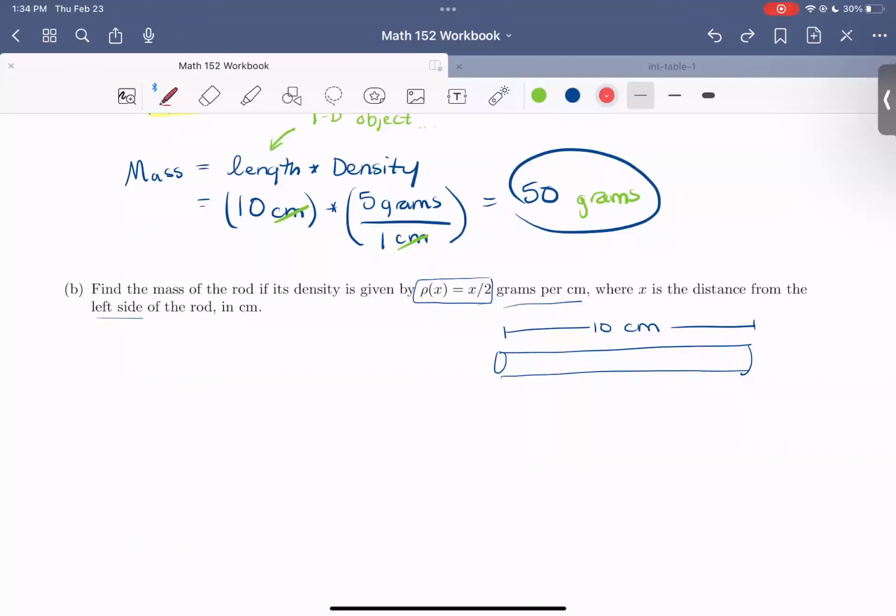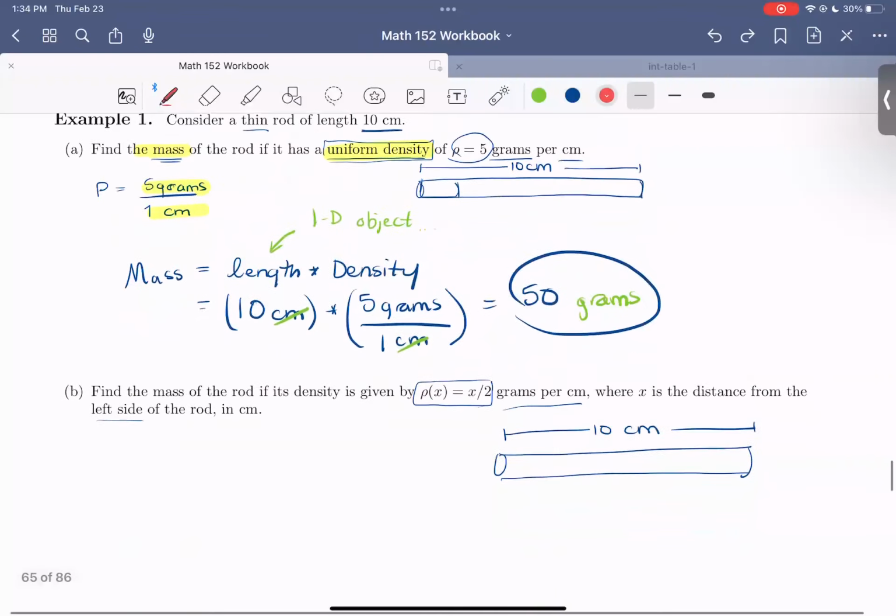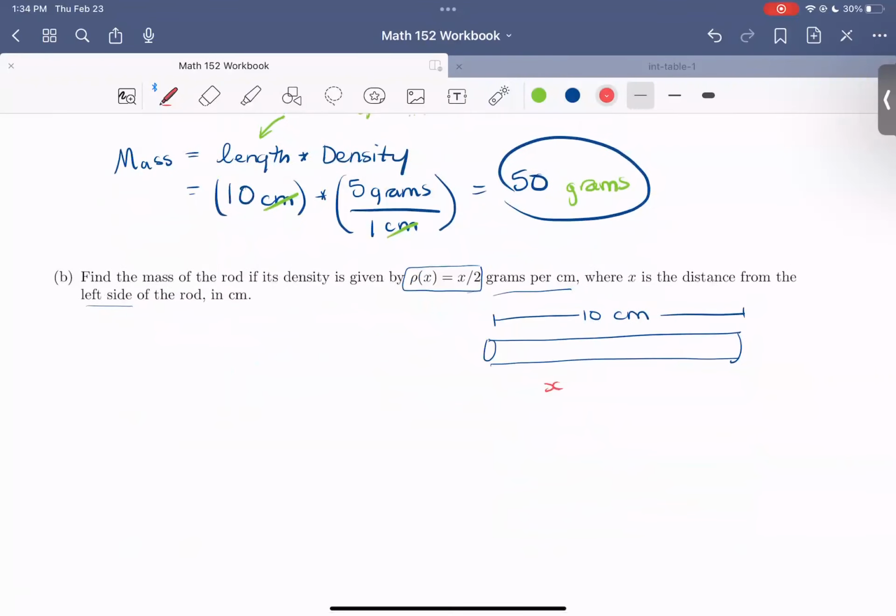So if we want to get a different picture here, if we measure over from this left side, if we measure over x, then the density here is going to be rho of x. Okay, so what we can do is take a little slice of this rod. So I'm going to take a little slice at x. Take this slice here. So I have a slice of rod, and I'm going to take such a small slice.